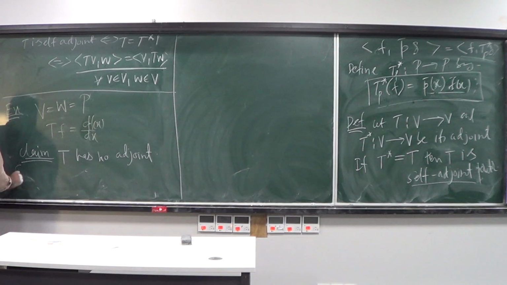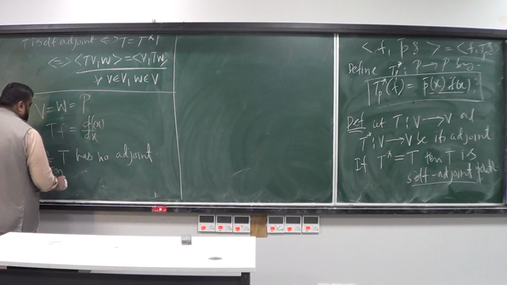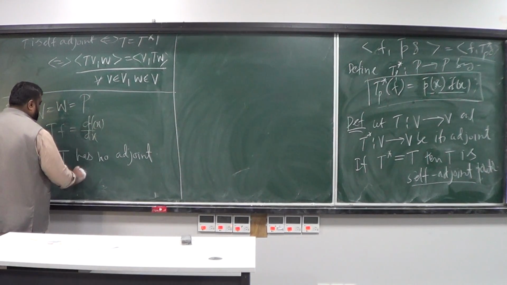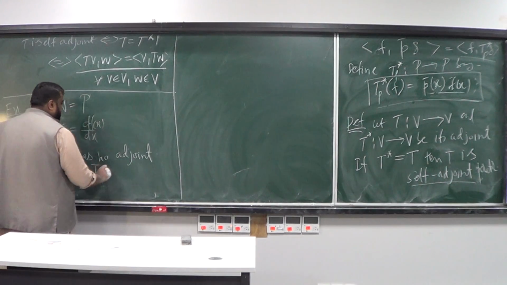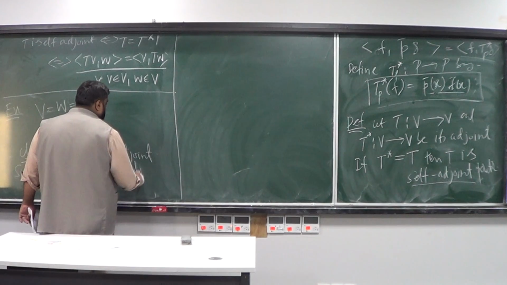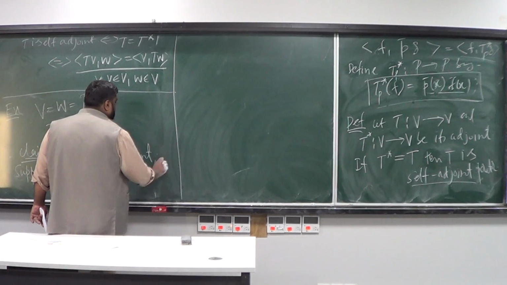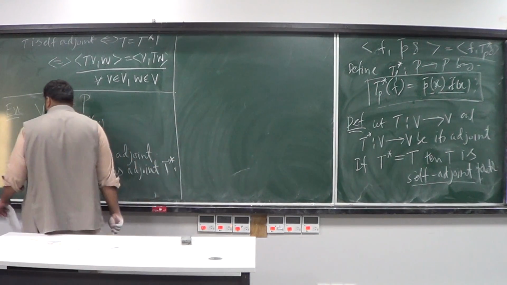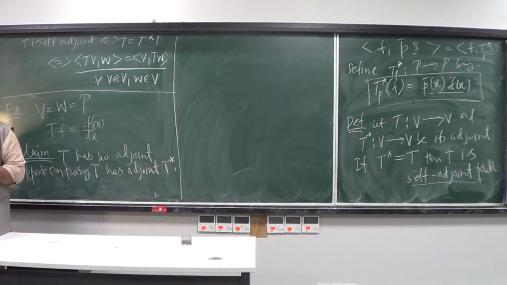Suppose, to the contrary, that T has an adjoint T star. And I'm going to show that you have a trouble.